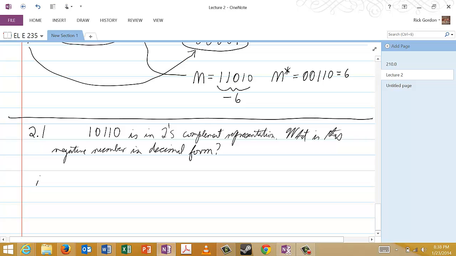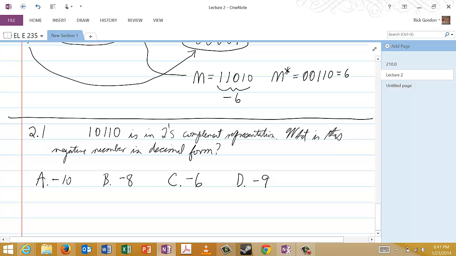Our choices are going to be A, negative 10, B is negative 8, C is negative 6, and D will be negative 9.